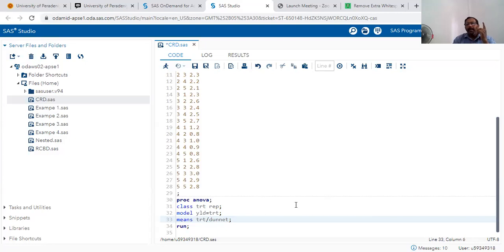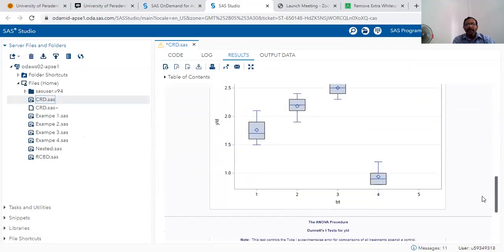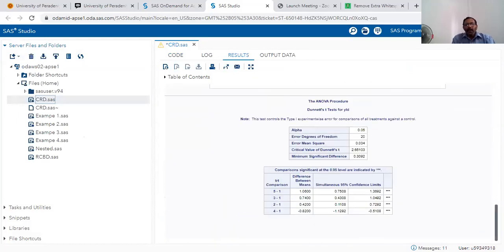Can you remember when we can use Dunnett's? Compare with control. Now here we don't specify to the computer what the control is. But you see, the computer will automatically take only one group as control. How does it take it? Let's look. I ran the program. Now look at this table.